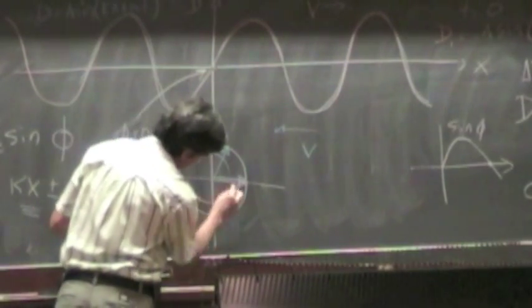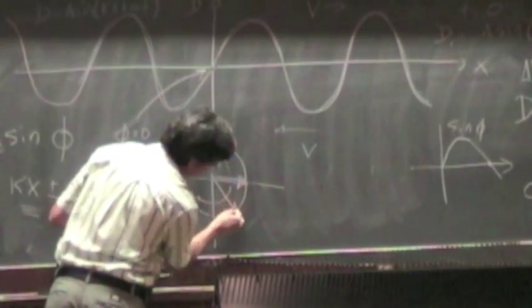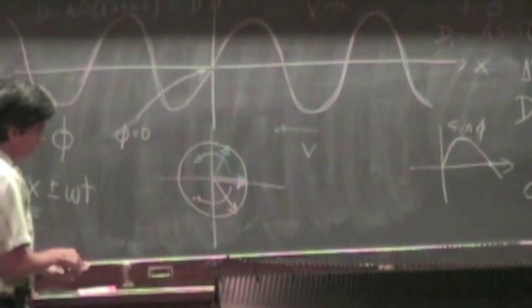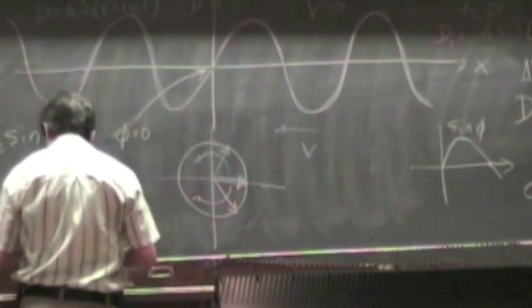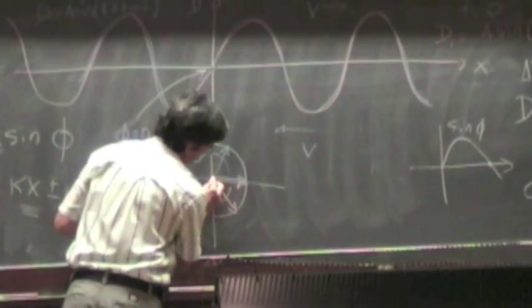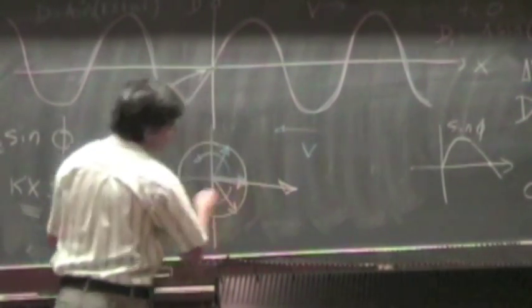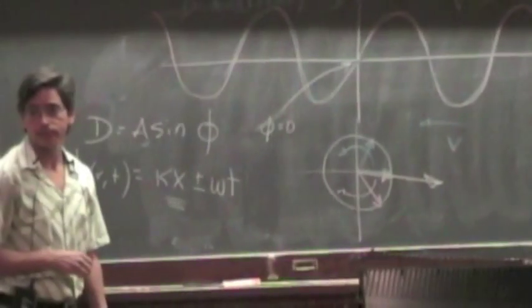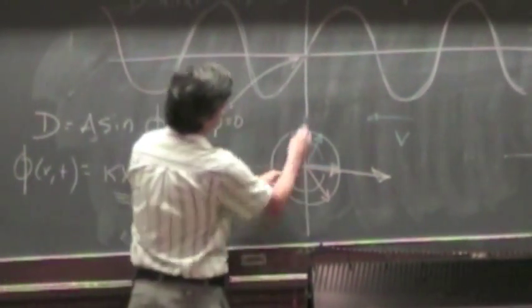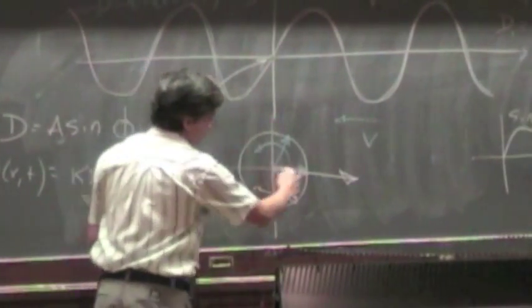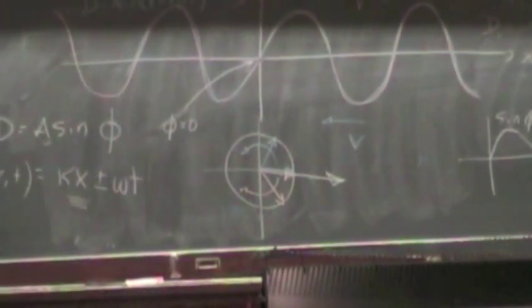And the red one, which is spinning in the opposite direction, is going to be pointing this way. If you add those two vectors, you get a resultant vector which points along the x-axis. That tells you that the displacement of that oscillator is 0. It does not move.